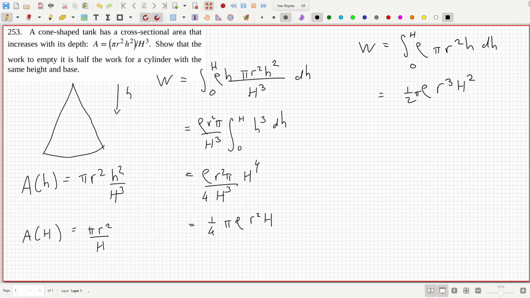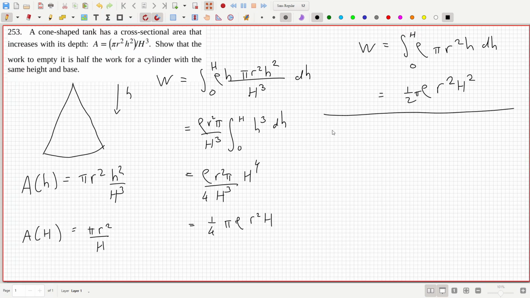Wait, why did I write cubed here actually? It's still squared. Hmm. I really think that should be a 2. It's so wrong, I think, for it to be a cube.